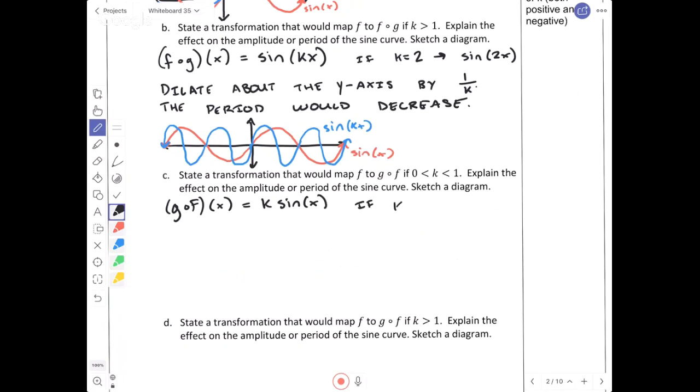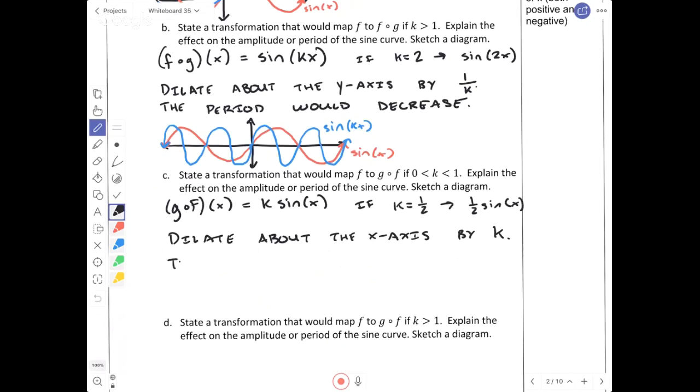If k equals 1/2, then that might be 1/2 sine of x. This would be a dilation about the x-axis by whatever k is.